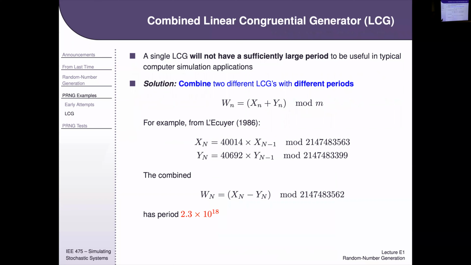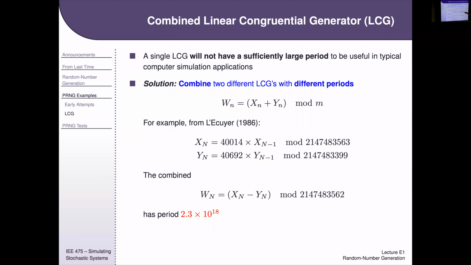So behind the scenes in Arena, MATLAB, or whatever, a lot of them use a combined LCG, which just takes two LCGs and sums them together and then takes that as the output. So here's an example from a 1986 paper. This is one LCG implemented just like you did on the homework.